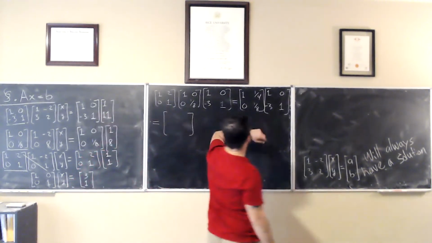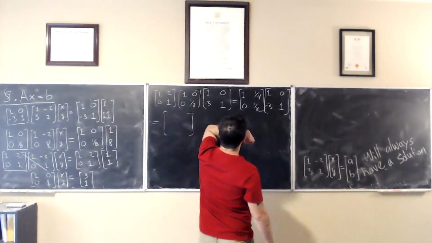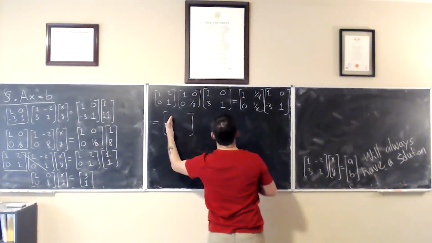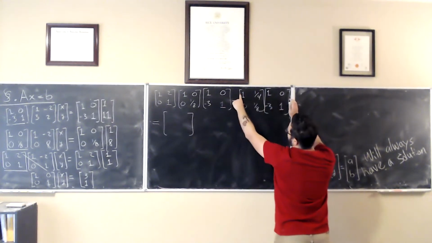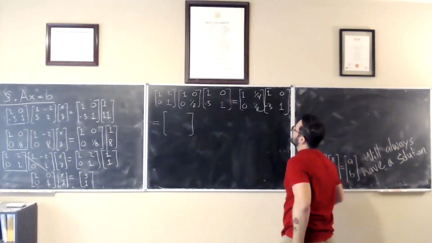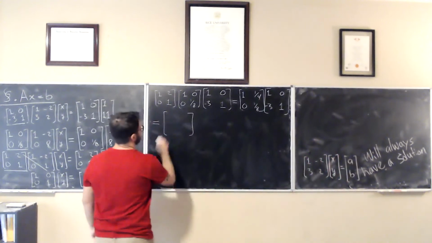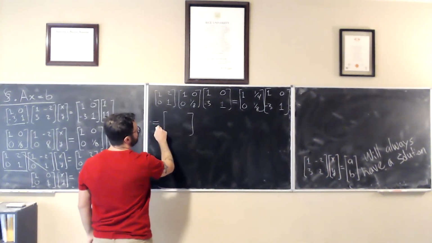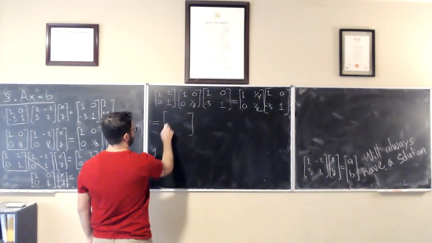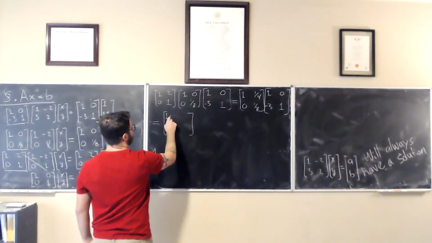Okay. And then let's do this multiplication now. I'm going to do it the column way. That might be easier. 1 of that column plus -3 of that column. So 1 minus 3/4 is 1/4.